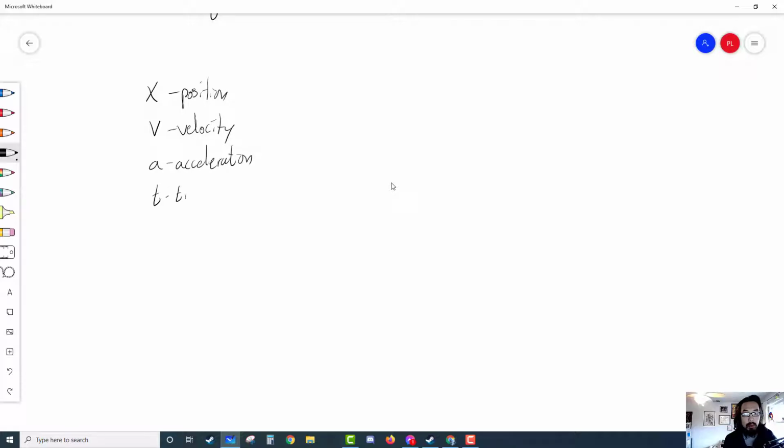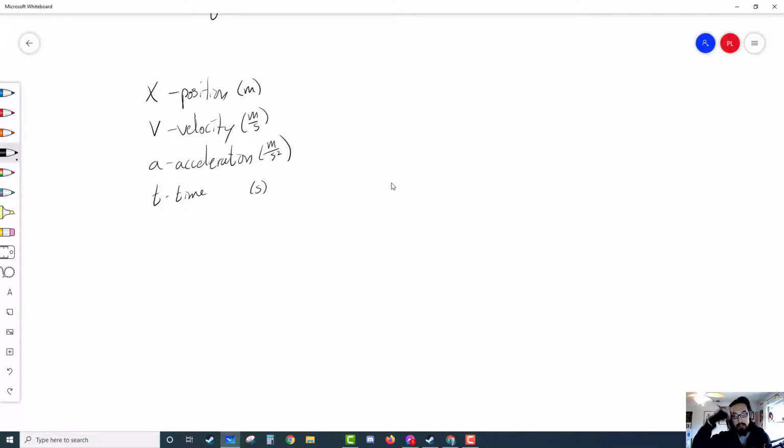Even though you know this, I do suggest that you write this down because it really helps with the next part. Before we do that, let's write the units. Meters for position, velocity is meters per second, acceleration is meters per second squared, and of course time is seconds.